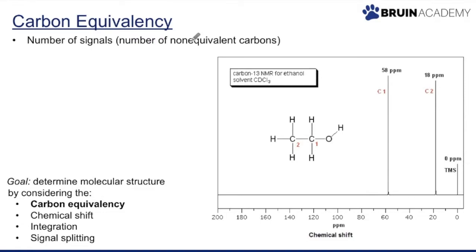Again, carbon equivalency, similar to proton equivalency, is important in determining the number of signals. So however many non-equivalent carbons you have is equal to however many signals you should see. If we're looking at a molecule like ethanol, for example, and this diagram is great because it already labels it for us, we see that we have carbon 1 and carbon 2.